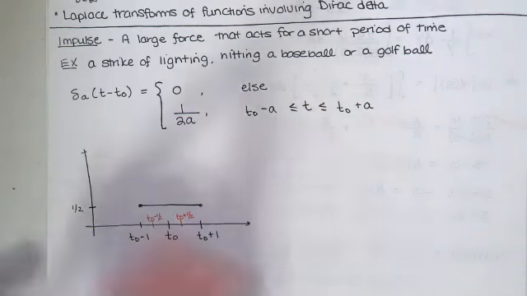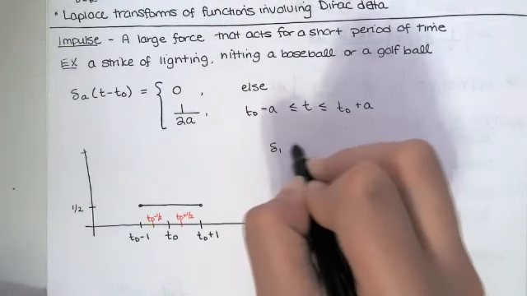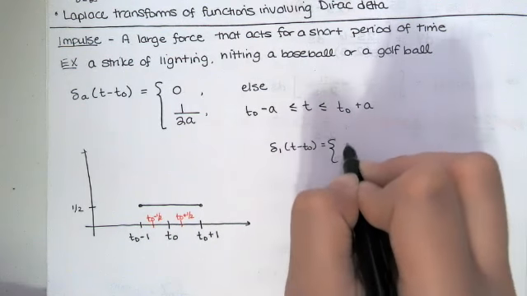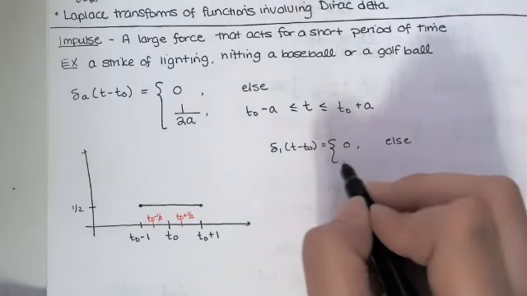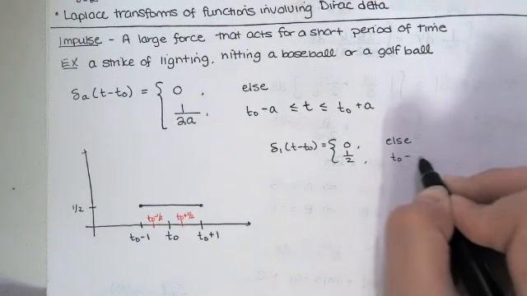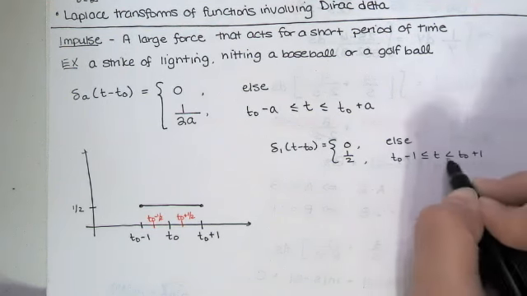In that case, we just looked at delta sub 1 of t minus t naught. Let me write this down first. It's going to be 0 outside of this interval, and then it's going to be 1 over 2 for t between t naught minus 1 and t naught plus 1.